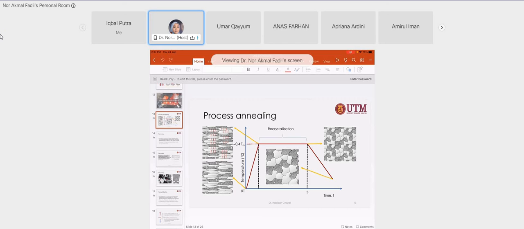Spherical is a solid spherical, but equiaxed is we consider having almost a similar size at all direction. But after the cold working process, the left side image is the microstructure having a non-equiaxed structure. It's elongated, dia memanjang at the cold drawing direction.